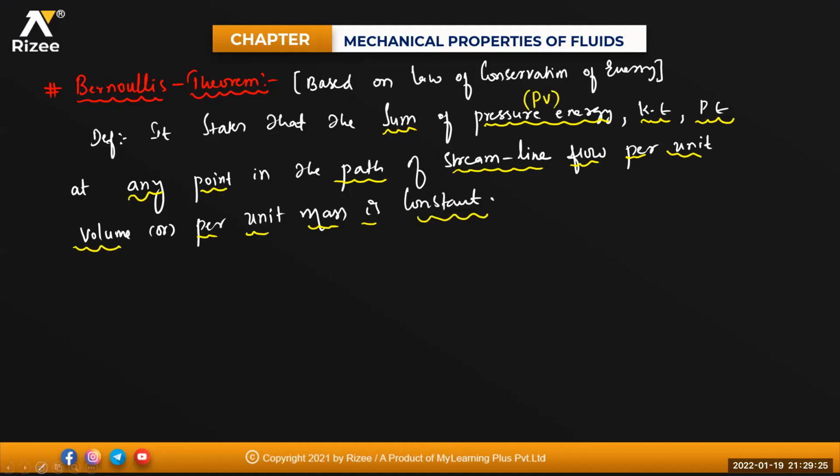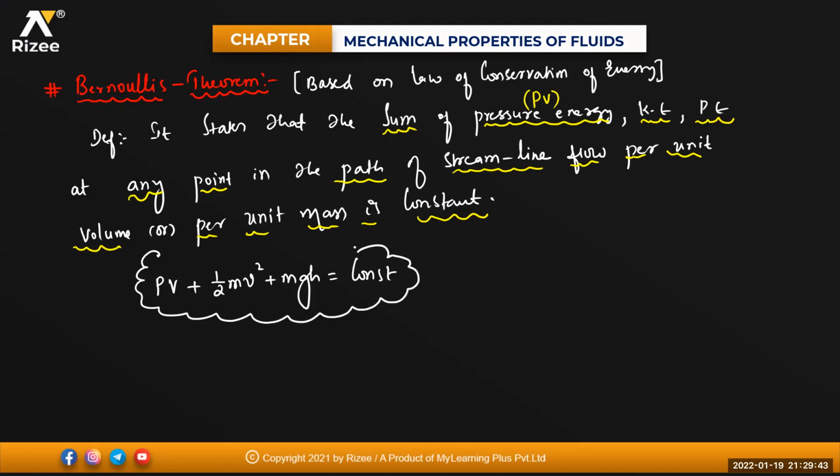So I'm just writing first the energy, beta. Pressure energy is P into V plus kinetic energy is half into M into V square plus potential energy is mg into h, which is equal to a constant. This is your actual formula.